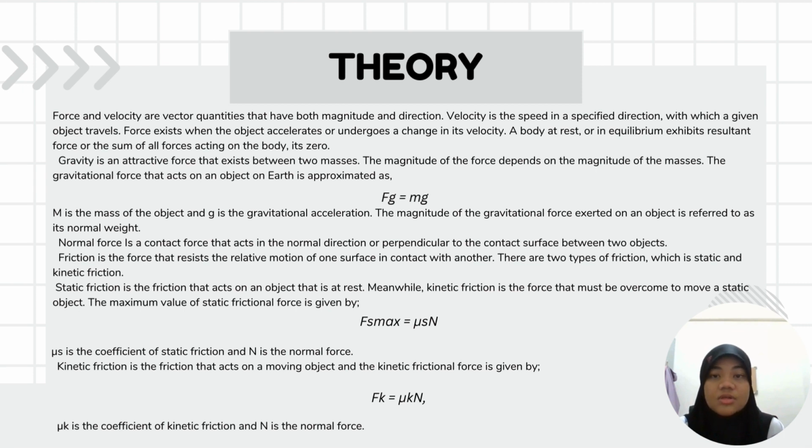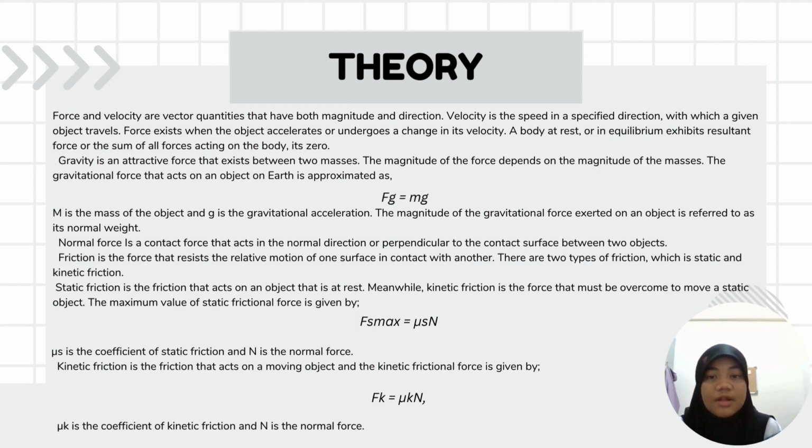Friction is the force that resists the relative motion of one surface in contact with another. There are two types of friction, which are static and kinetic friction. Static friction is the friction that acts on an object that is at rest. Meanwhile, kinetic friction is the friction that acts on a moving object.